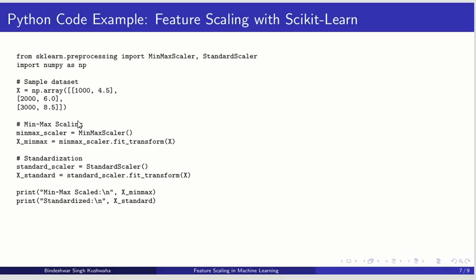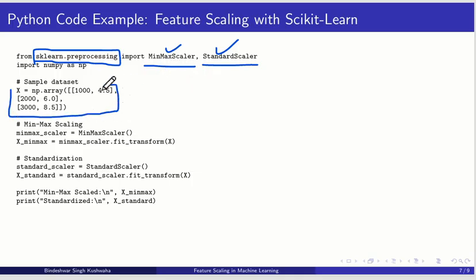Let us see the Python program. From the Scikit-Learn preprocessing module, we will import MinMaxScaler and StandardScaler. That is for min-max normalization, and that is for standardization. For the data set, we have taken a NumPy two-dimensional array.